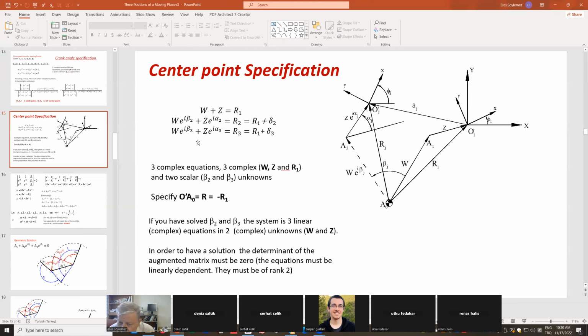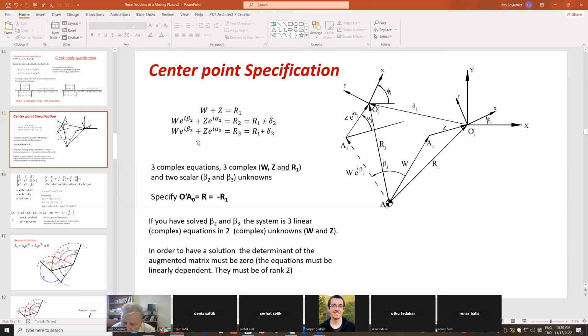The answer is very simple. Let me assume somehow, by trial and error or some other way, I have determined beta 2 and beta 3. Somehow, somebody has given me the exact values of beta 2 and beta 3.